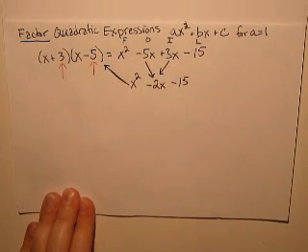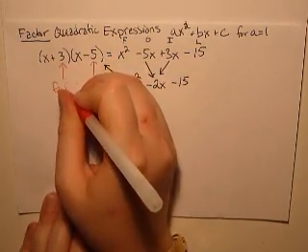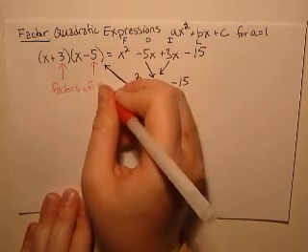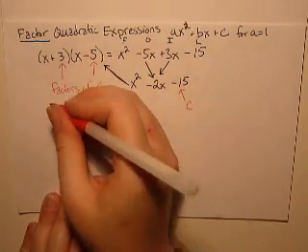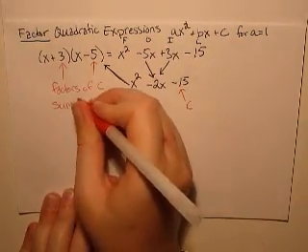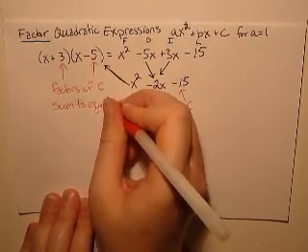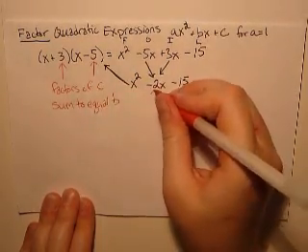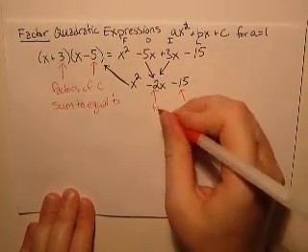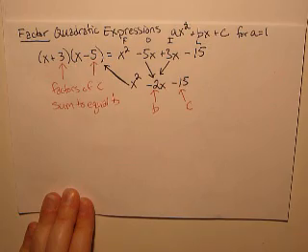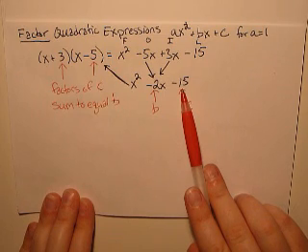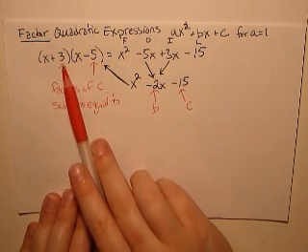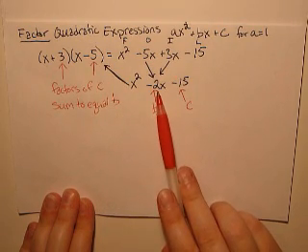We have to choose those from all the integers available, and they must be factors of the constant term c, and they must sum to equal b, where b is the coefficient of the x term. Positive 3 and -5 multiply together to give -15, and positive 3 and -5 add together to give -2.